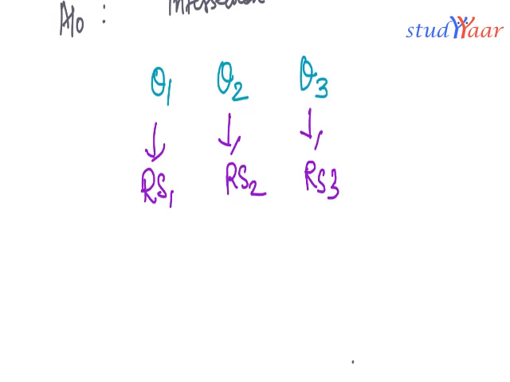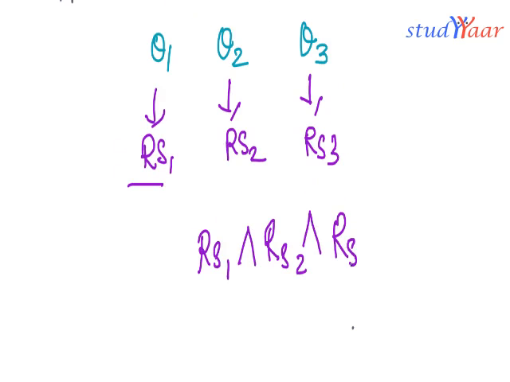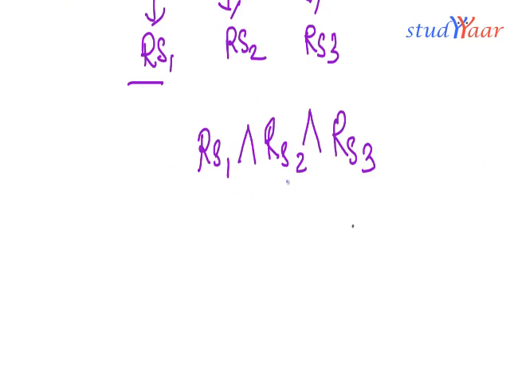After I've got all the tuples which satisfy theta1, theta2 and theta3, I take the intersection of RS1, RS2 and RS3. What would this give me? This is going to give me the desired result.